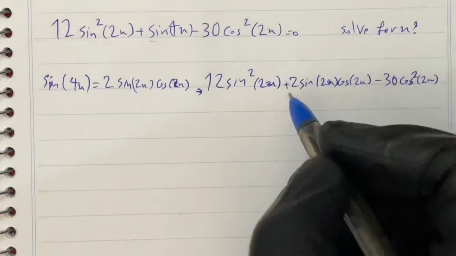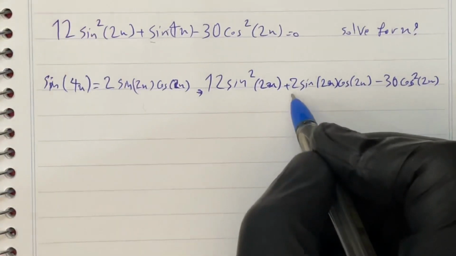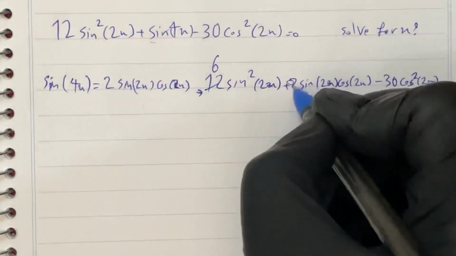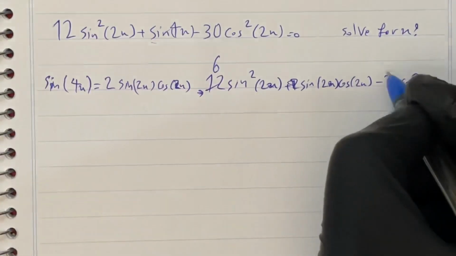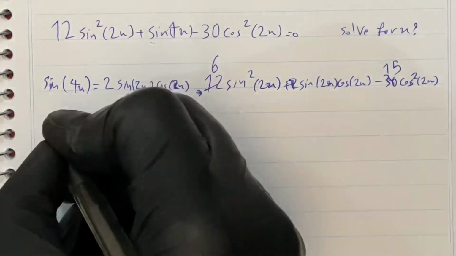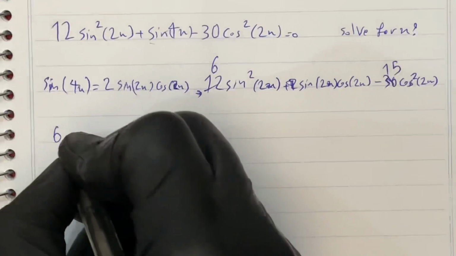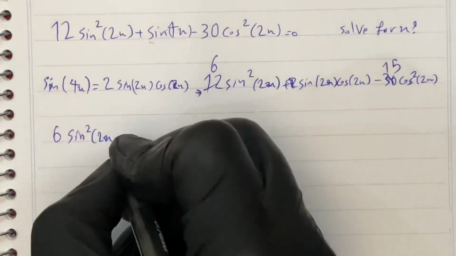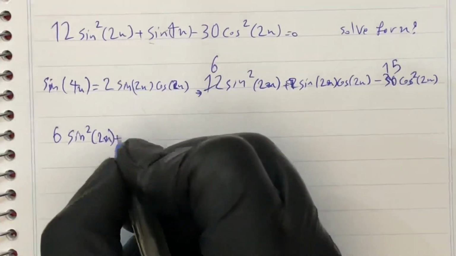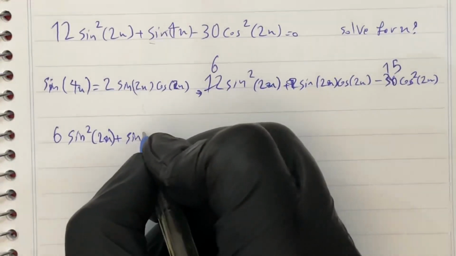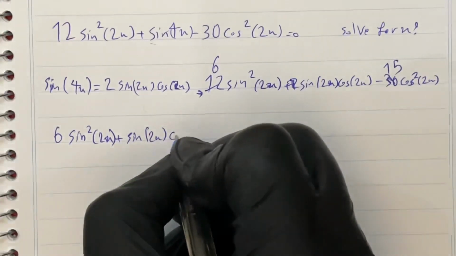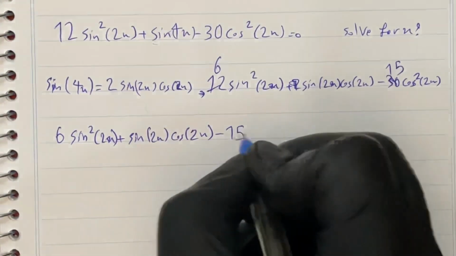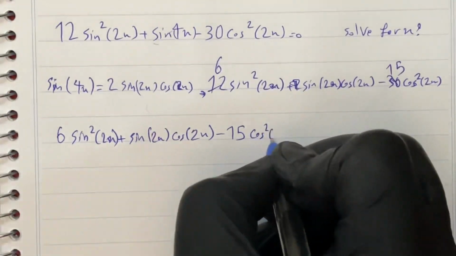But if you pay attention, we can even factorize it. So we will have 6 here, and we will have 15 here. Plus sine of 2x times cosine of 2x minus 15 cos squared of 2x.